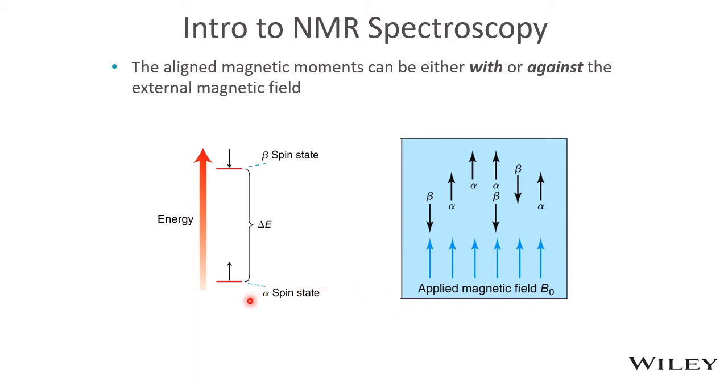Once the energy is given to the molecule, the atoms that are currently in the alpha spin state can absorb that energy and graduate up to the beta spin state. Once it's up here, it can fall back down and release the energy that it has absorbed. So this delta E is key. This is the energy that the NMR machine measures.